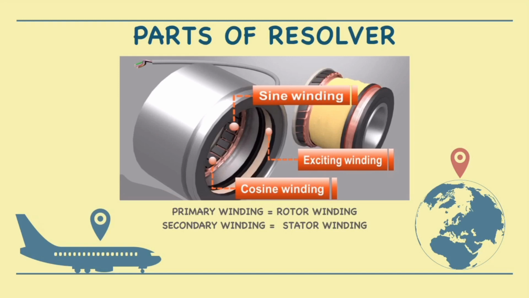Other than exciting winding, the stator also has sine and cosine winding, which acts as the measuring tool to measure the rotor relative angle towards the stator. In other words, sine and cosine windings are also called measuring winding or secondary winding. The sine winding is in a vertical position, while the cosine winding is in a horizontal position.